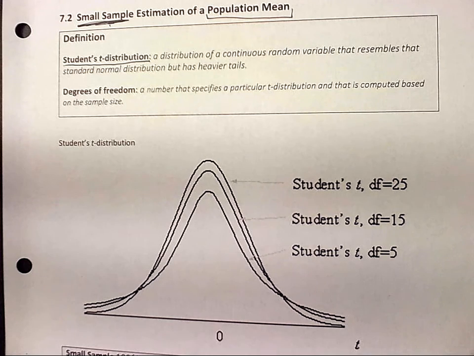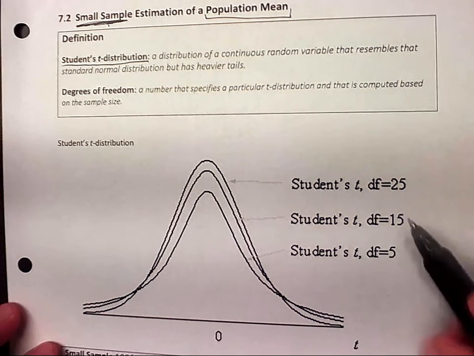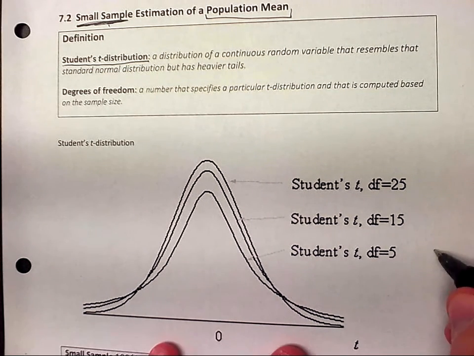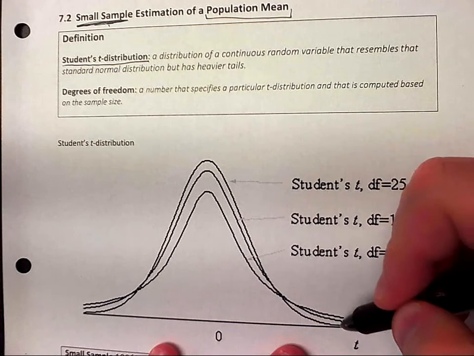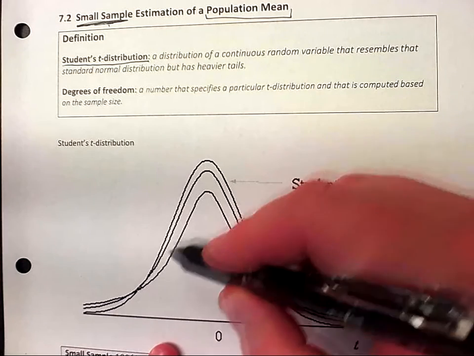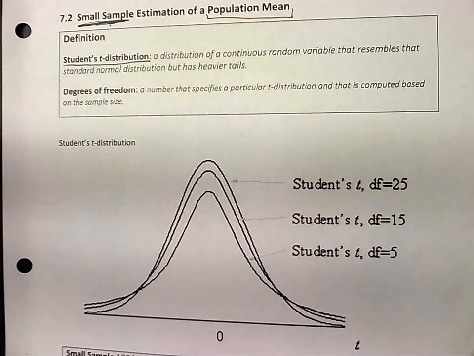What he started to realize was that if you have a small sample size, you still have a bell-shaped and symmetric distribution, but it looks like somebody took the top and pushed down on it.